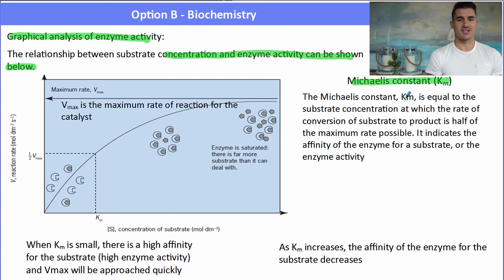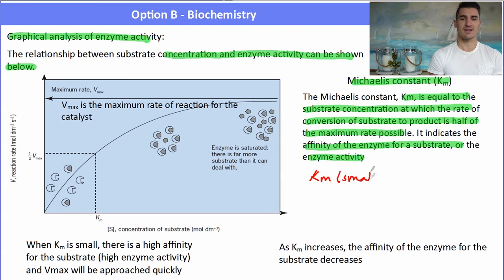Now, the Michaelis constant, Km, is equal to the substrate concentration at which the rate of conversion of substrate to product is half the maximum rate possible. And this Michaelis constant gives an indication of the affinity of the enzyme to a substrate. So if you have a very small Michaelis constant, that means your enzyme has a high affinity for the substrate.